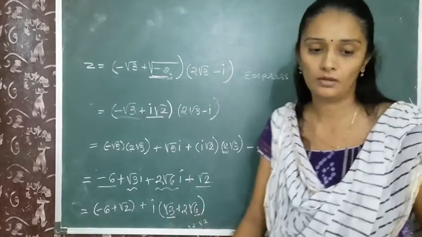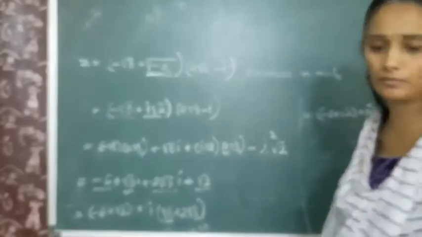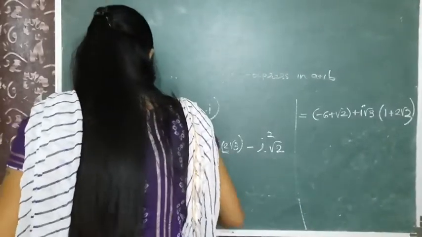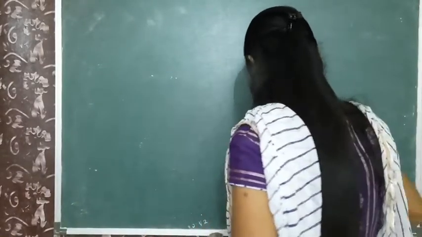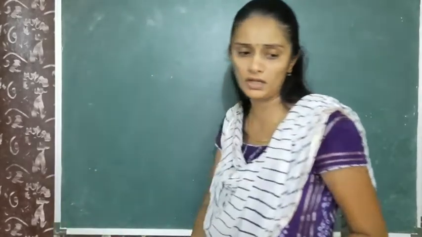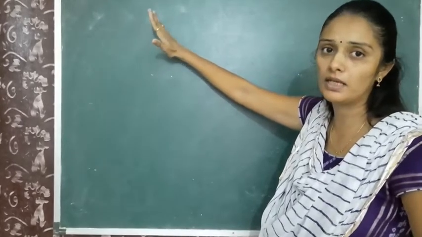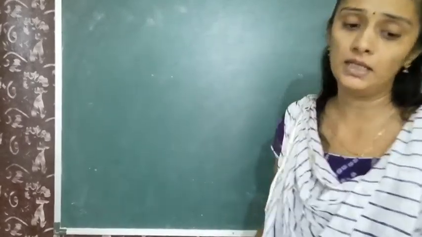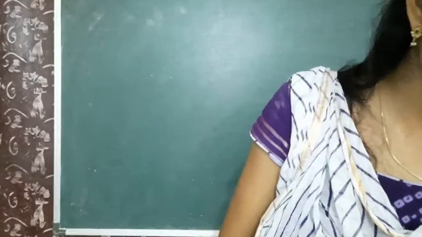I think the concept of standard form is now clear. We will use this method in all sums. In short, before finding modulus, conjugate, polar form, or inverse, check that the given number is in A plus iB form, that means in standard form. Okay, now next question from exercise 5.1.